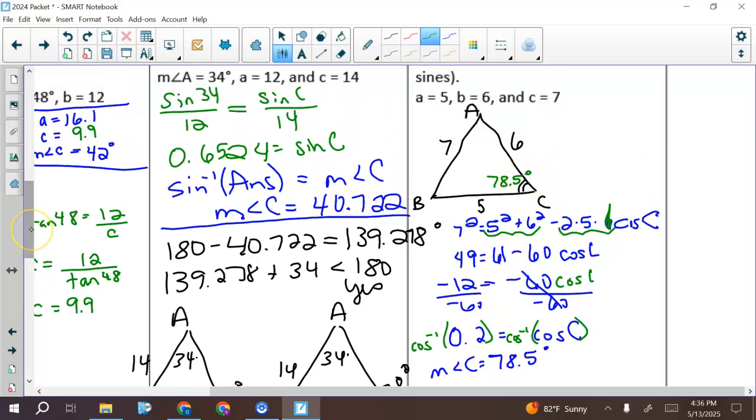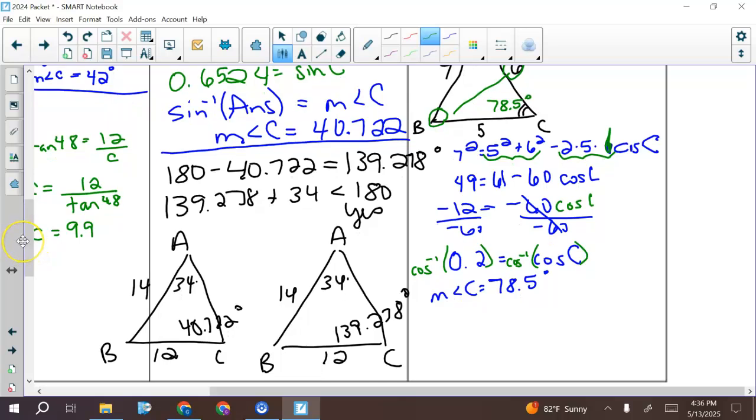If we wanted to find, for example, angle B, we can use angle B and 6 with the pair we just figured out. I am going to leave this not quite rounded yet, so it was 78.463, just so I get a more precise answer. If you don't, that's fine.